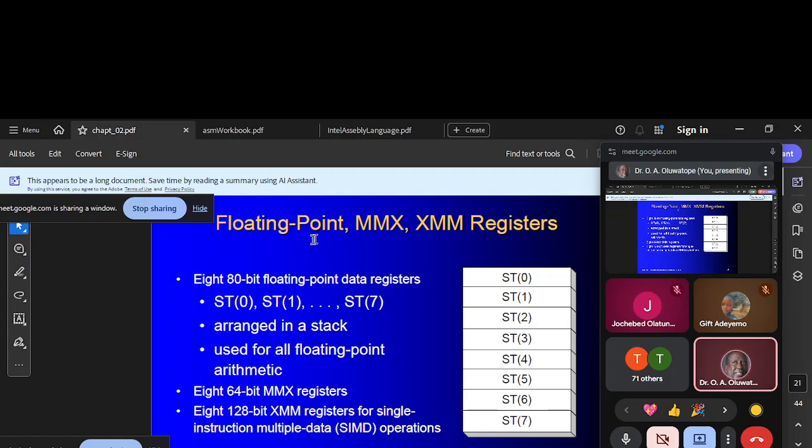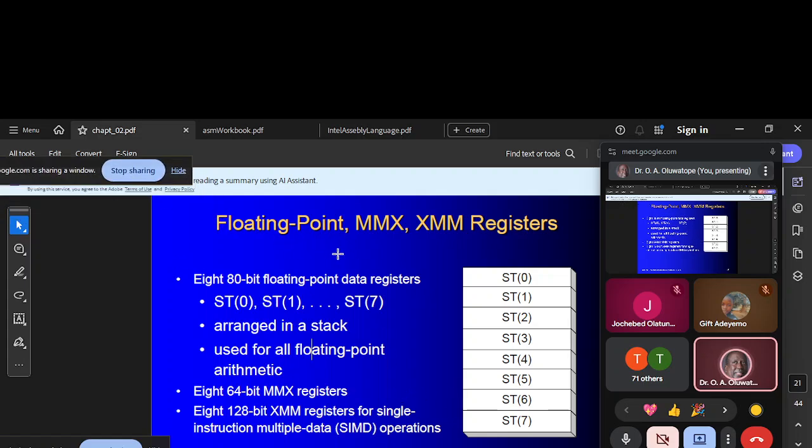Okay. Now, there are floating point registers. There are 8 of those, starting from ST0 to ST7, and each is 80 bits. There's a reason for that, and I will explain. 1/3 can be approximated to what? 0.33, but if you multiply it by 3, it never gives you 1.